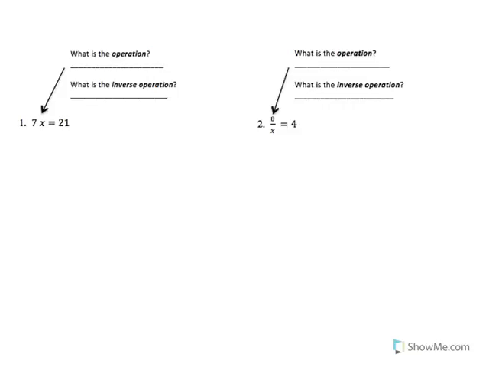So let's try to solve these on our own. Now that we have a conceptual understanding of how we manipulate an equation, let's do it with math. So first, we draw the line. Then we need to look at the x. What is the operation between the 7 and the x? The operation is multiplication.